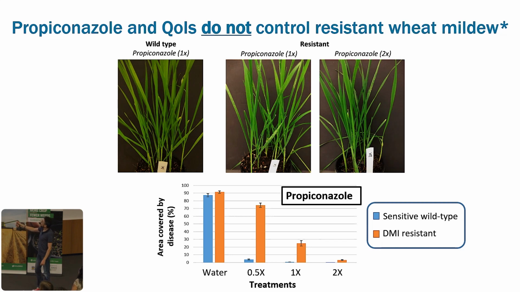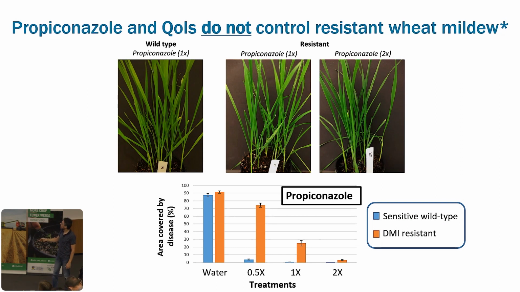Then we've got propiconazole, same cultivar, but this time with a resistant isolate, and you can see all the white pustules all over the place after a full rate treatment. And then twice the rate, which you cannot do, you know that. Two rates of the same propiconazole, and you still have powdery mildew there, three weeks after that shot, powdery mildew is all over the place again.